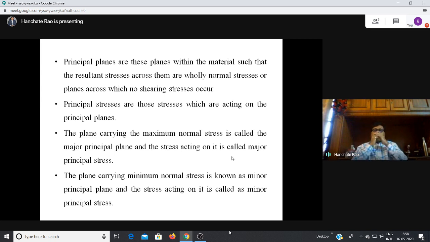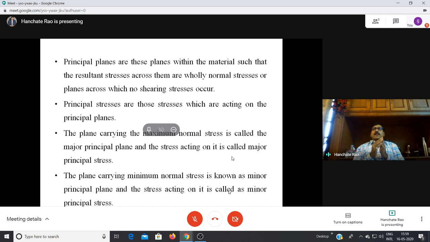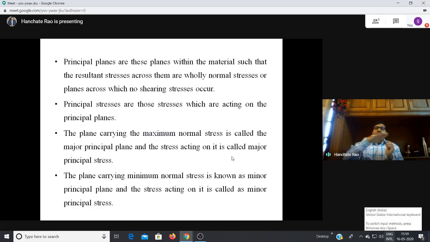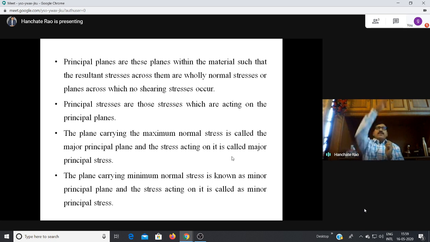So if you consider a 3-dimensional situation, we have 3 principal planes. Please note that these principal planes will be mutually orthogonal, that is, mutually perpendicular to each other. So if you consider an XY plane, a YZ plane, a ZX plane, we have three mutually perpendicular planes.